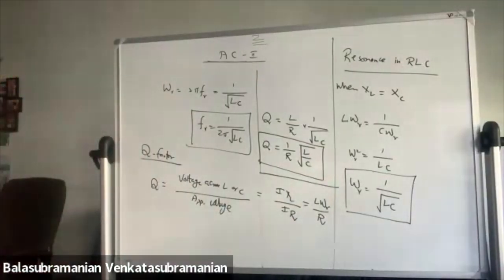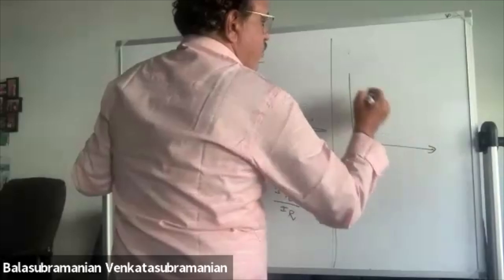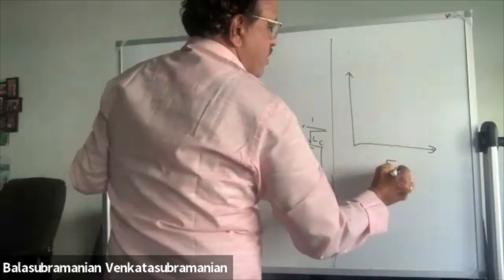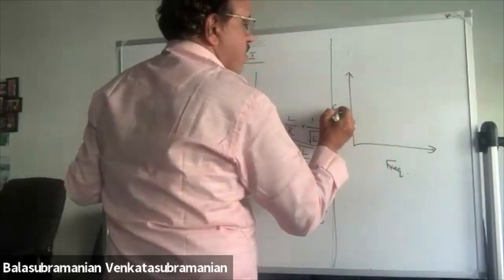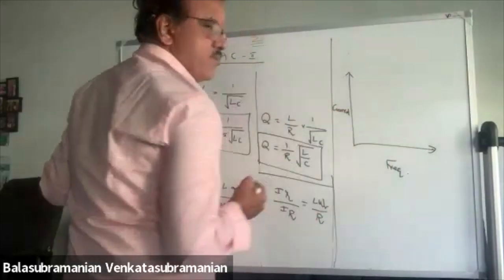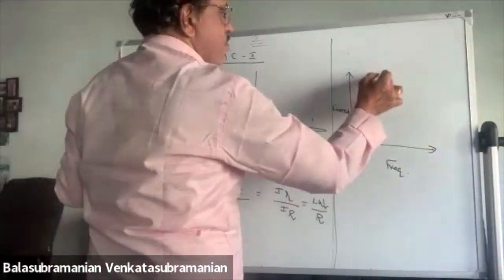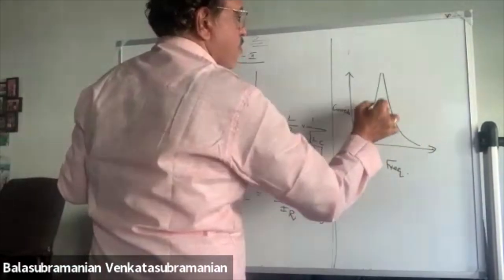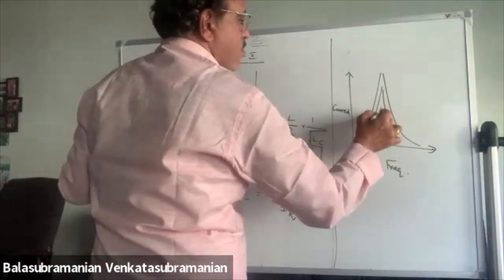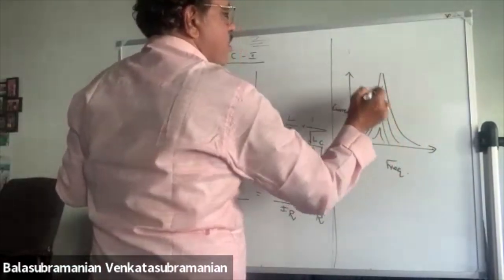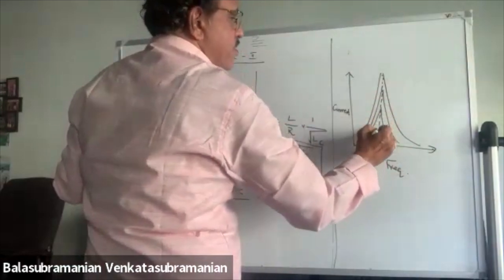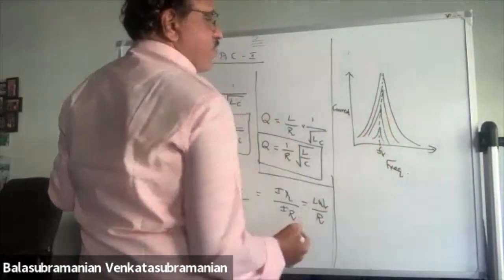Why is the current maximum? You draw the graph of frequency versus current. This is f R, the resonant frequency.